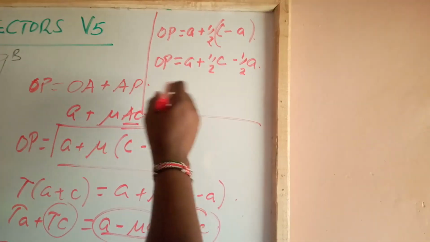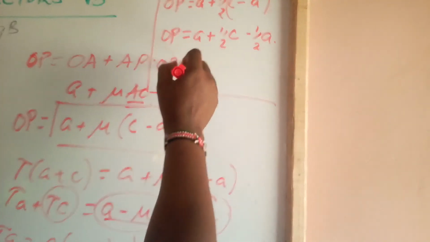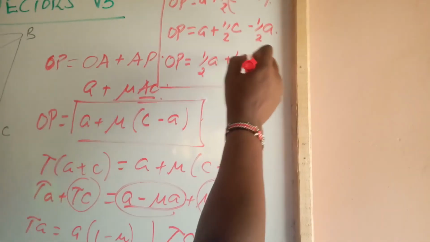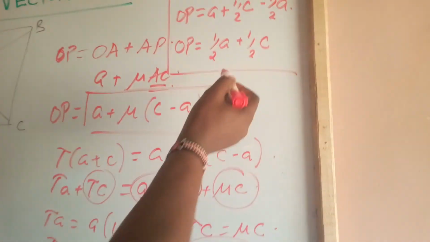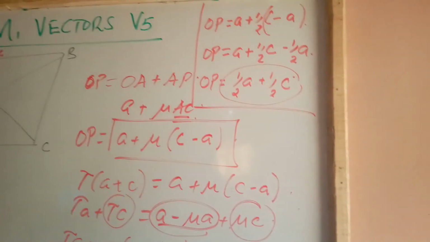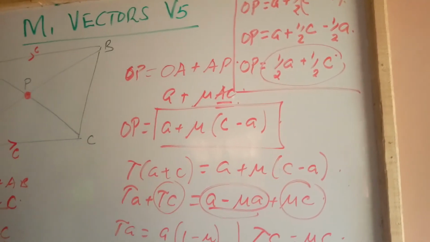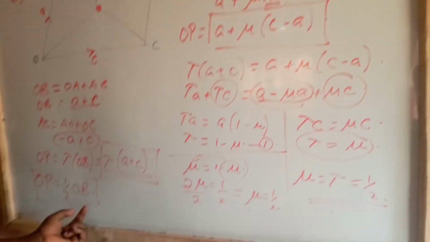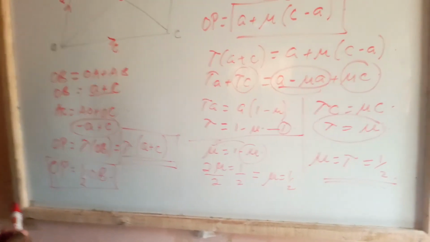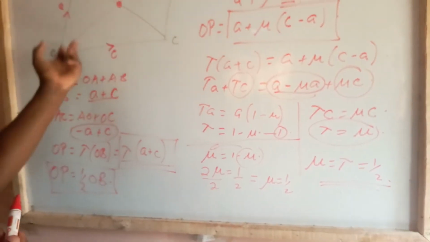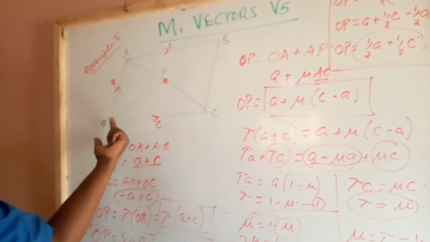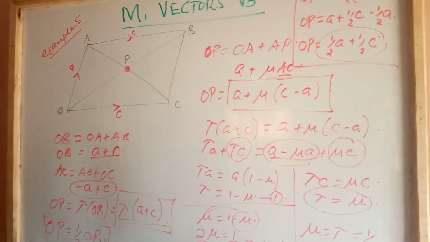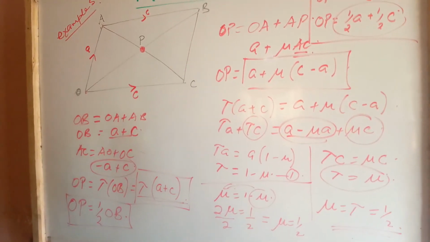A minus a half a, you find that OP is a half a plus a half c. Meaning that, in a nutshell, this equals a half of (a plus c), which is a half OB. And with that, having found out that P lies exactly at the midpoint of OB, we can easily conclude that the two diagonals bisect each other. All right?